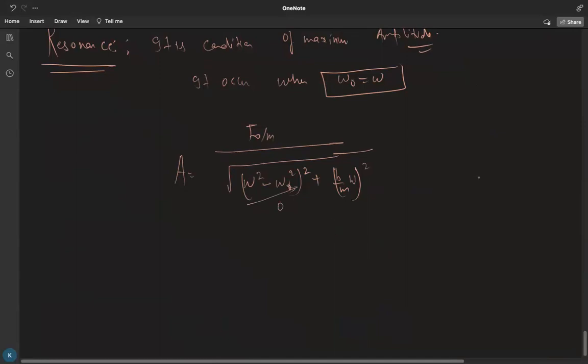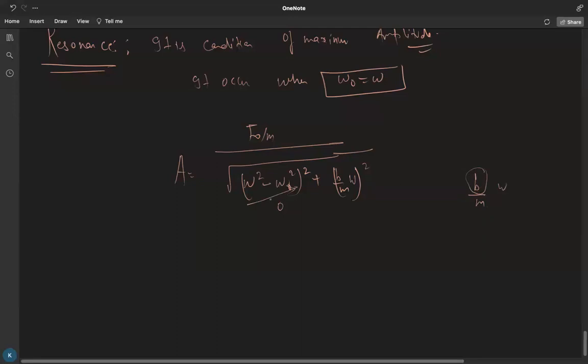Because we have b by m into omega, and b is the damping constant, it is very small in value. If you solve the problem, you realize we have a very small value of b, right?